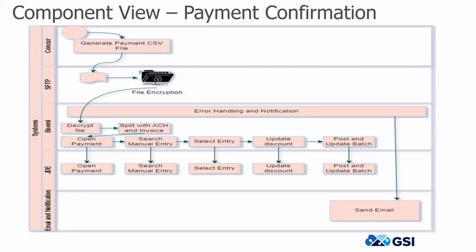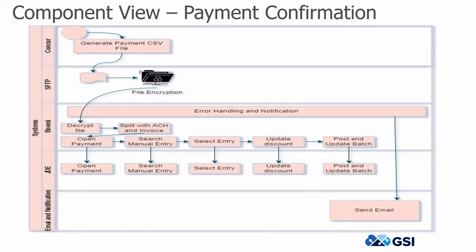So the first thing we did is we came in, and I'm a visual guy. A lot of people are visual guys, and data integration at the high level is a visual game as well. So we put together a workflow diagram to say, okay, this is how it's working. Concur generated an encrypted CSV file.